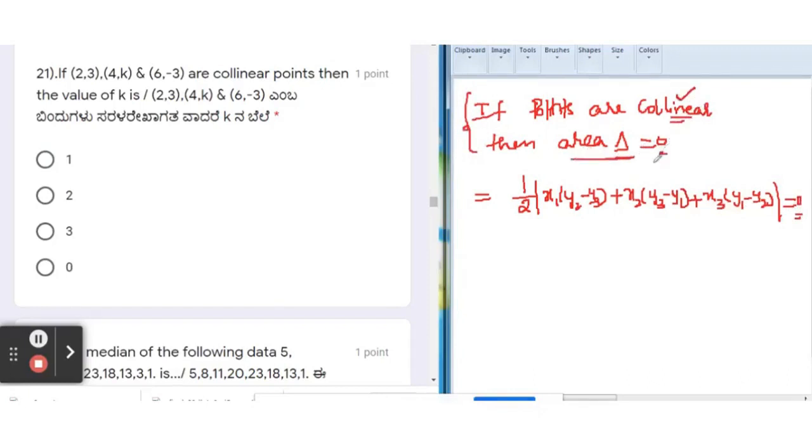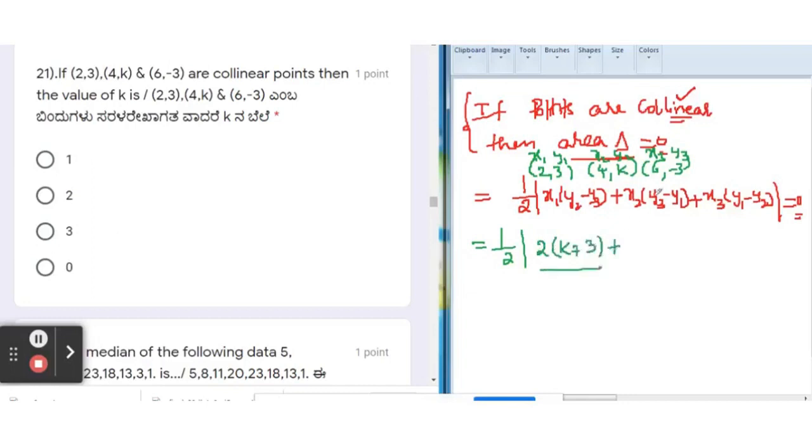And I'm going to replace all the 3 points, (2, 3), (4, k) and (6, minus 3), in this formula. x1, y1, x2, y2 I will represent so that it will be easy for replacing the values. Half into, what is x1, students? 2, into (y2 minus y3): y2 is k, y3 is minus 3, so minus of minus 3 is plus 3.